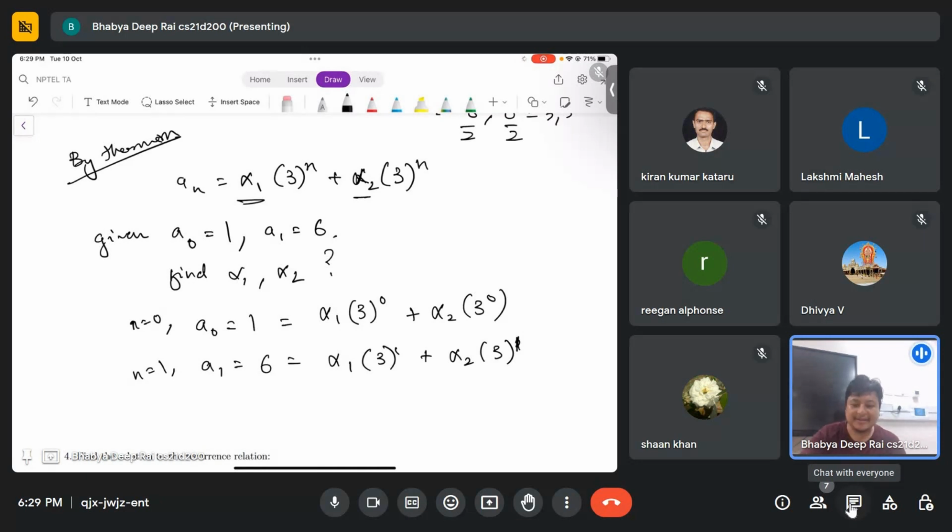I have given it in simultaneous equation form. Now solve for alpha 1 and alpha 2. Let's call this equation 1 and this equation 2.